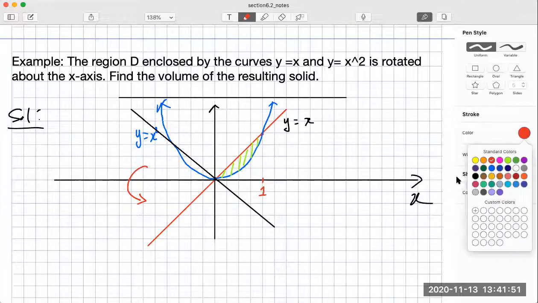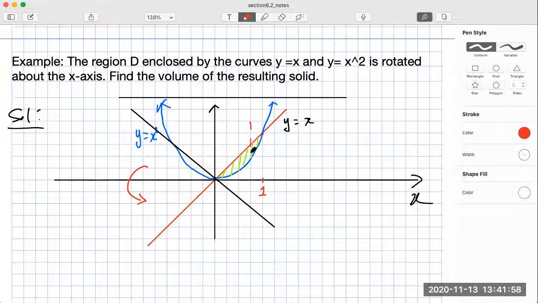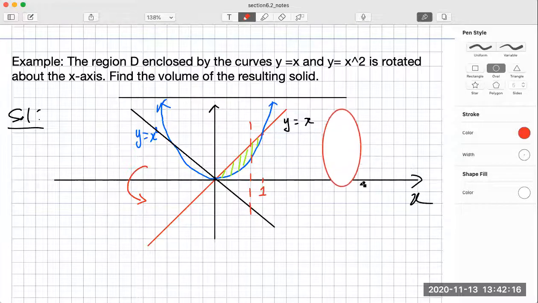Then at each position here, let us cut it perpendicular to the x-axis. So at that plane, this forms something like this, right?